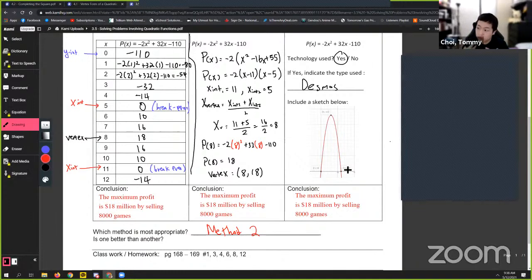So I would prefer you learn to use method 2, right? Because it cuts down on the unnecessary solving that you have to do, right? Speed-wise, method 3 is the fastest, but you can't use that on a test, so can't really do that. All right? Any questions here?